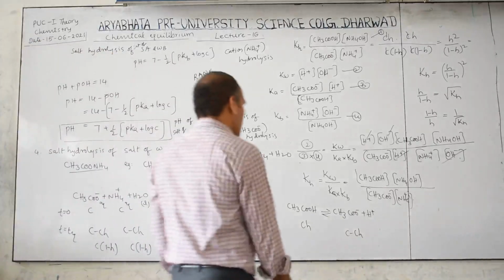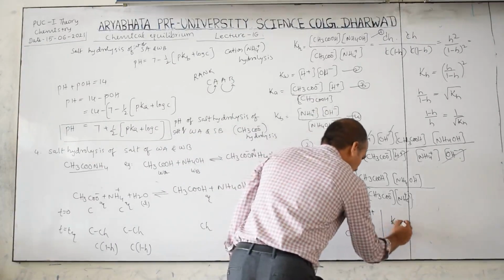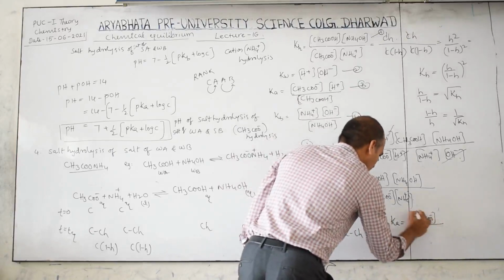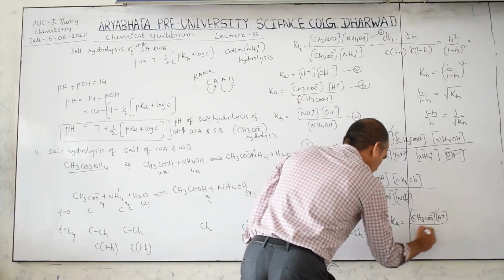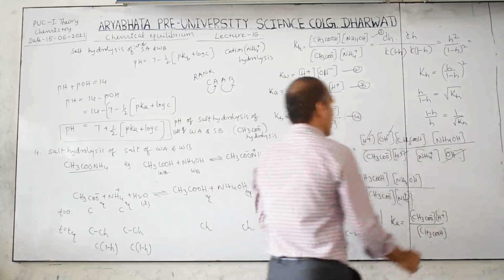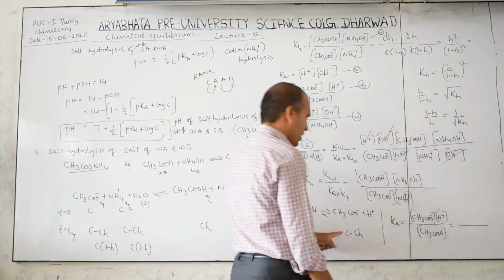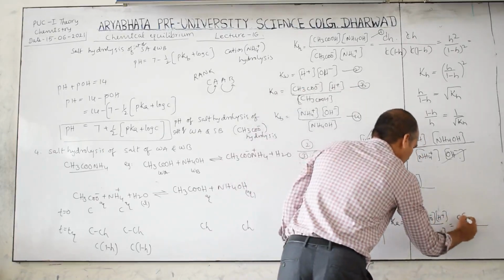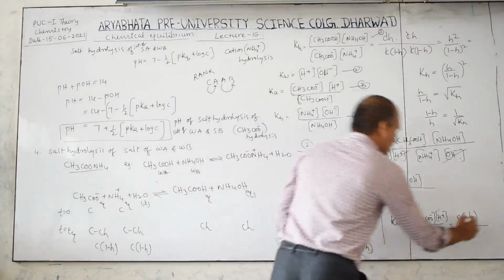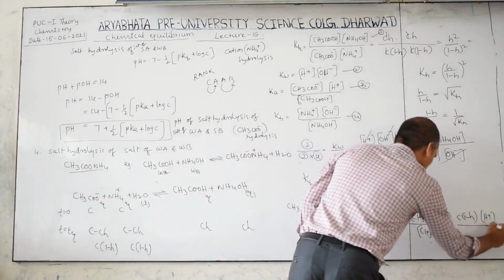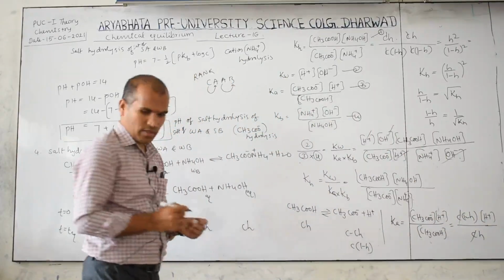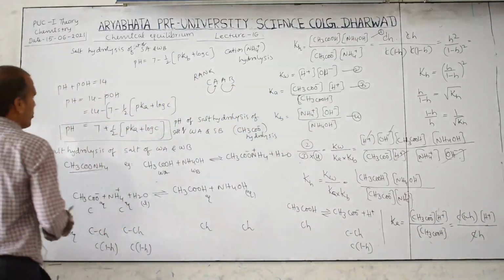So according to this, Ka is equal to the numerator CH3COO minus concentration, this is the H plus ion concentration, and this is the CH3COOH concentration. Then this can be represented with C taken common, therefore C into 1 minus h, and the H plus ion concentration; in the denominator Ch, C cancels.